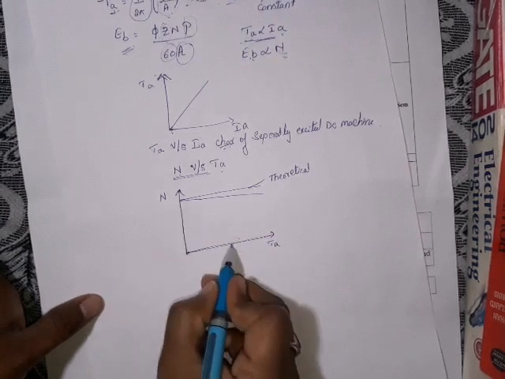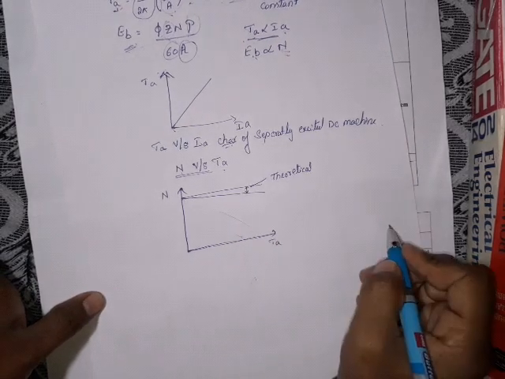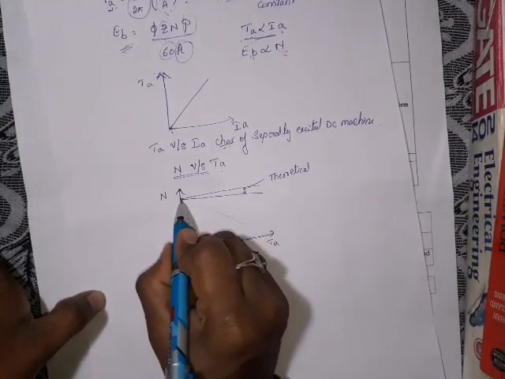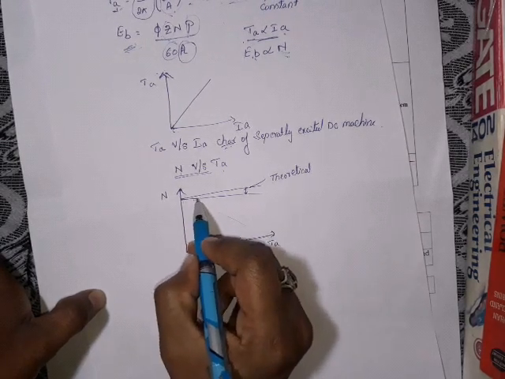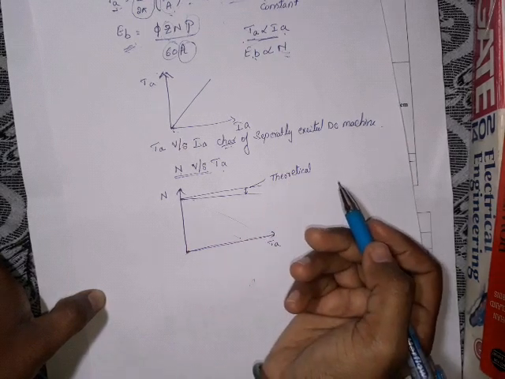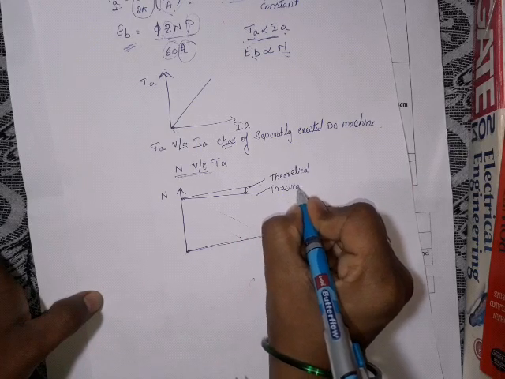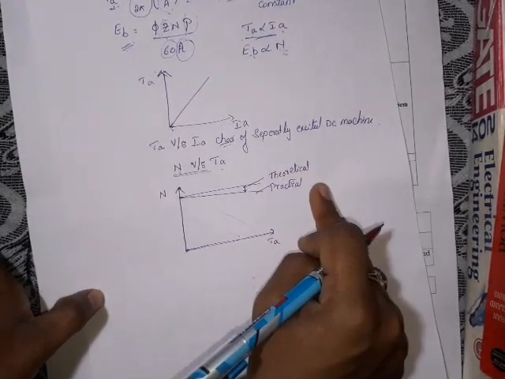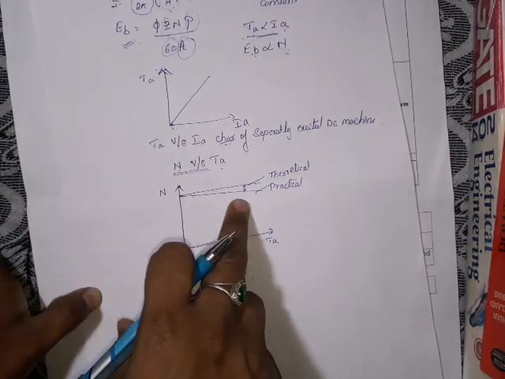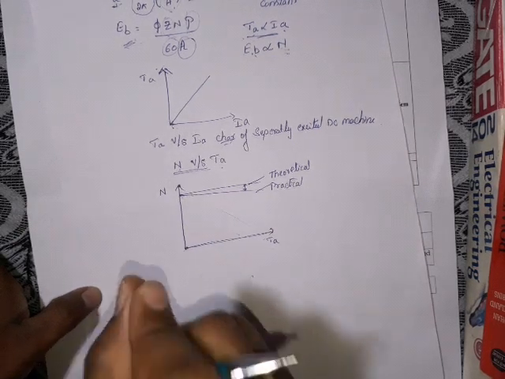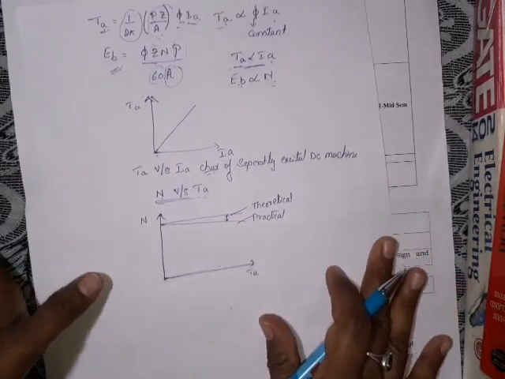It is a very small decrease. For example, if it is running at 1000 rpm initially, when torque reaches its maximum value, the speed may drop to around 950 rpm. So a very small change. This is practical. Theoretically, it is constant irrespective of armature torque, but practically there is a small decrease in the speed. So this is the second characteristic, speed versus armature torque.